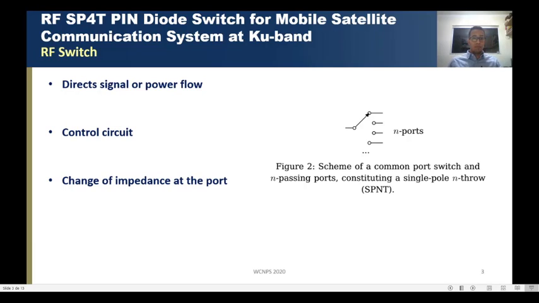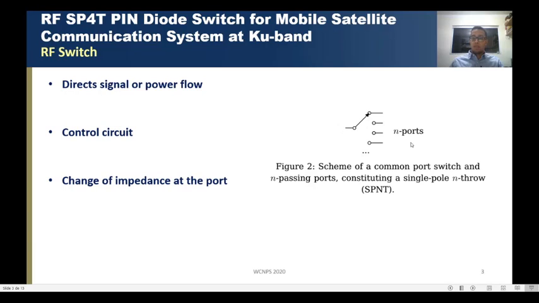First, what is an RF switch? The RF switch is basically a control circuit which directs the signal or the power flow from the main port through another selected port by changing the impedance at each port.